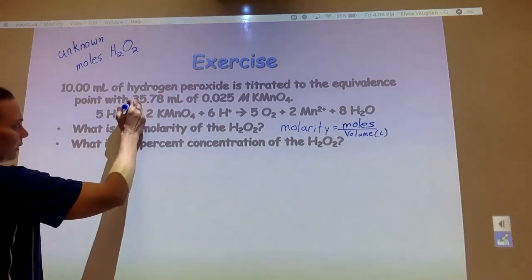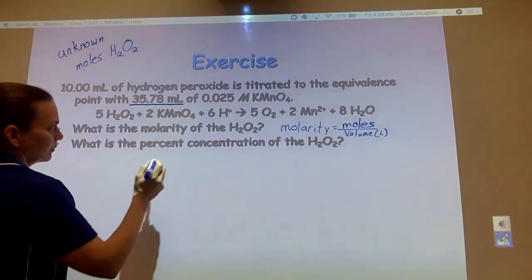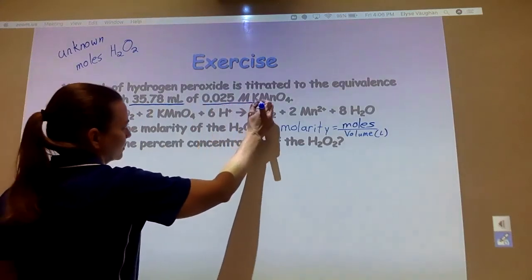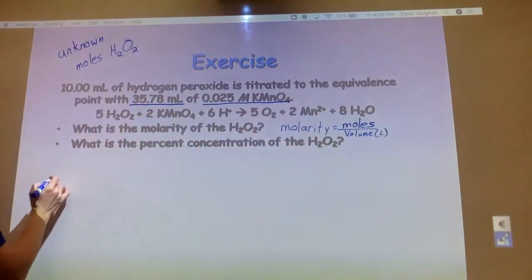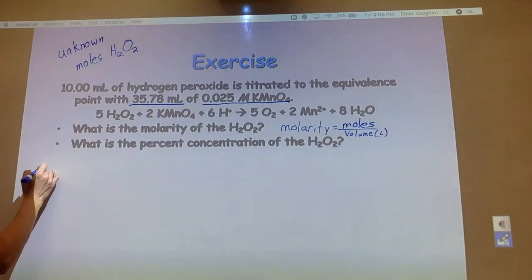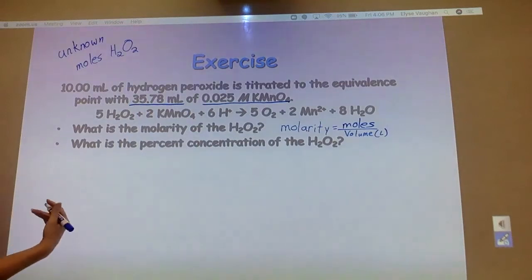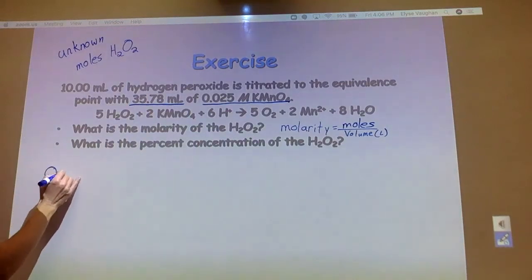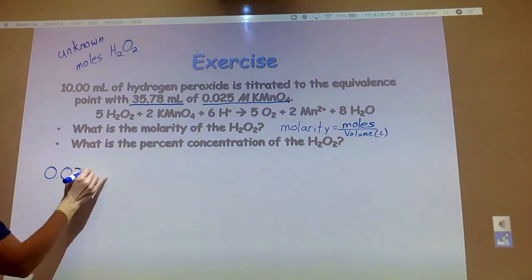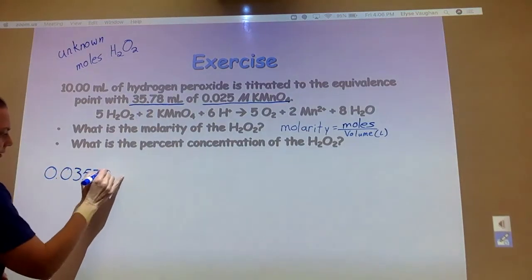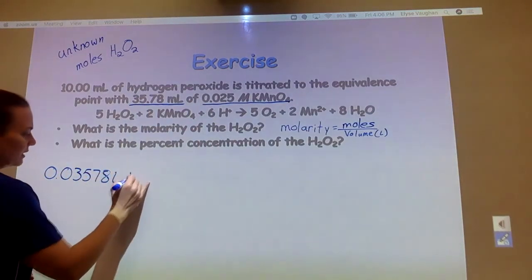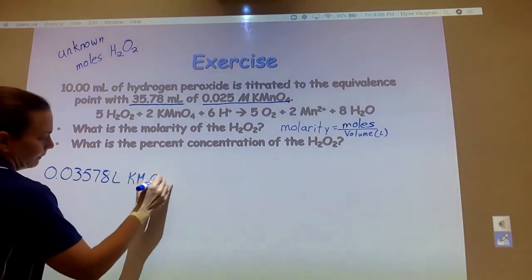So my known is 35.78 milliliters of the 0.025 molar potassium permanganate. So I'm going to go ahead and convert this time just so you guys can see what that looks like. We have 0.03578 liters of potassium permanganate.